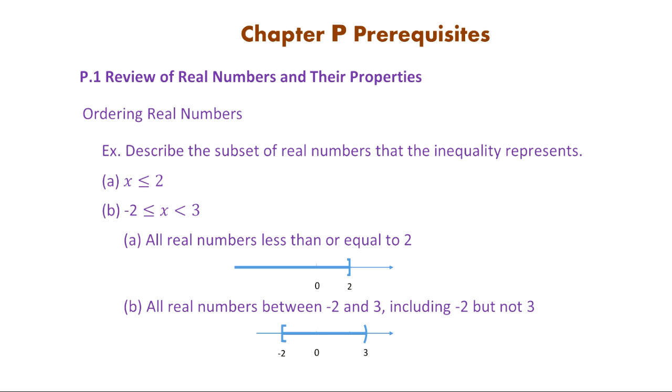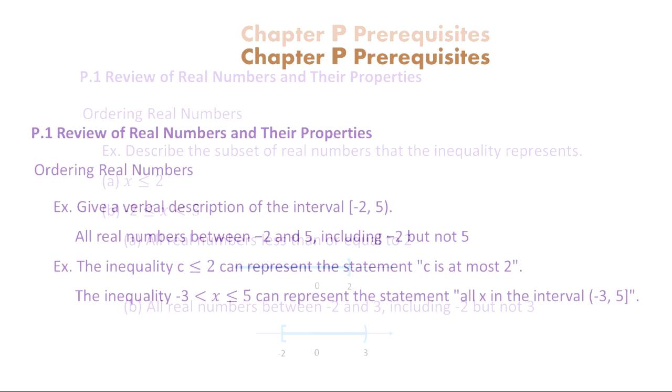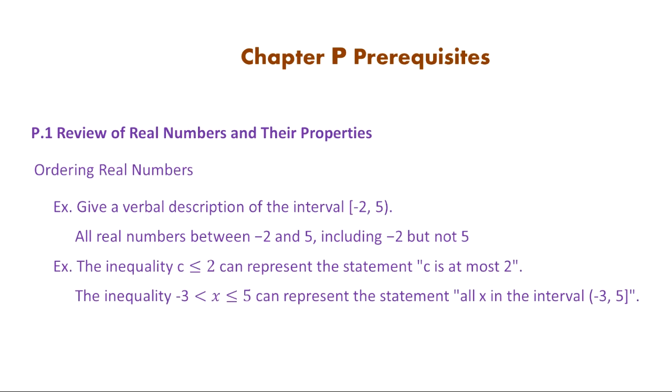Okay, so that's the graphical representation. Let's talk about this topic a little more. You can use different notations to describe the same mathematical set. For example, how do we give a description of the interval from -2 to 5? That's another notation for the same kind of set.